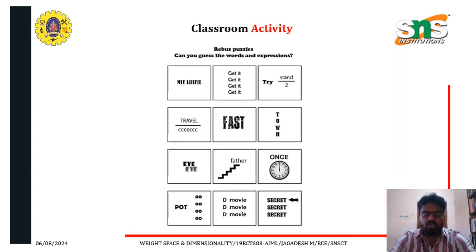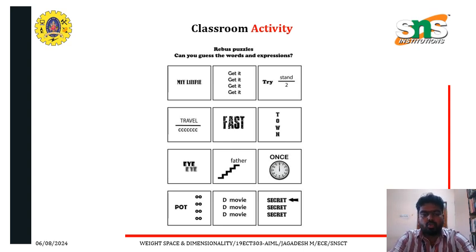So let us see the classroom activity. It is a rebus puzzle. You can see the illustrations and tell the answer. For example, I will tell you the second image. The second box shows "get it" four times in a vertical manner. That means "four get it".